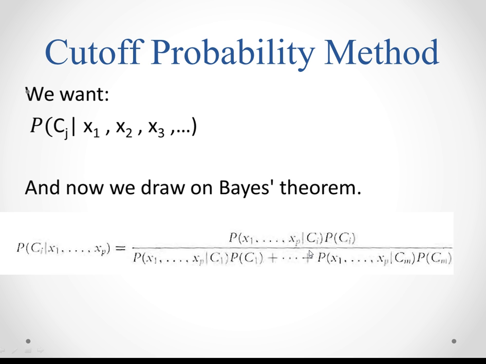So can you see what we're going to do here? We're going to write x1 given C, x2 given C, x3 given C, and we're going to be able to multiply them. We're going to assume that these are conditionally independent. That's an assumption. Nobody told us that these variables are independent from each other.